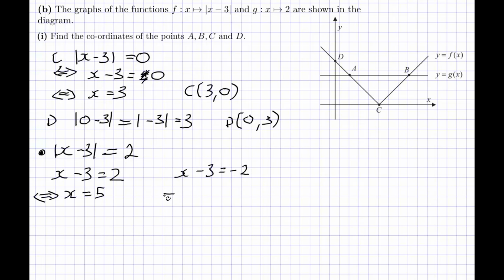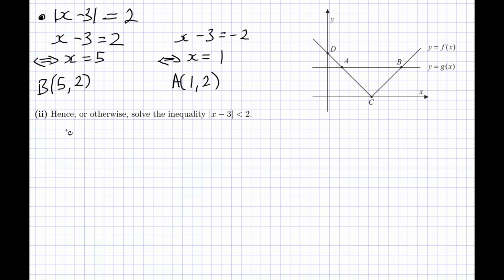And in this other scenario, where x minus 3 is equal to minus 2, x is equal to 1. It's easy enough to tell which one is which, because B is further in the x direction than A. So that means that this is point B here, 5, 2, and this is point A, which is 1, 2.